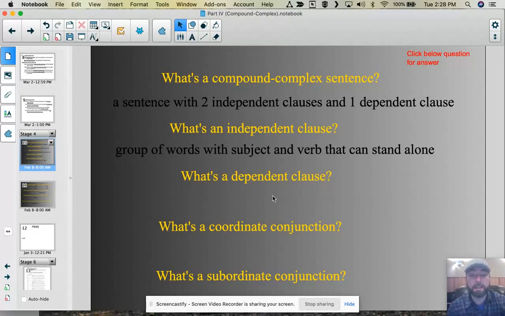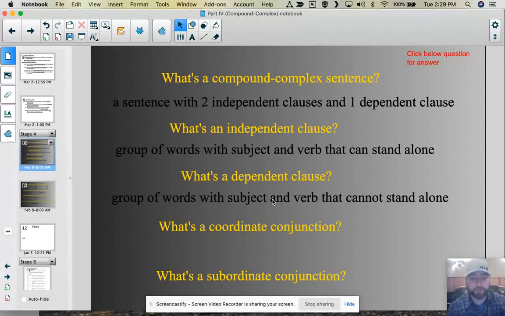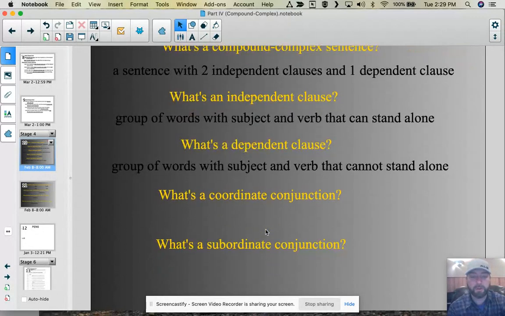What is a dependent clause? If you said a group of words with a subject and a verb that cannot stand alone, you're good to go. What's a coordinating conjunction?